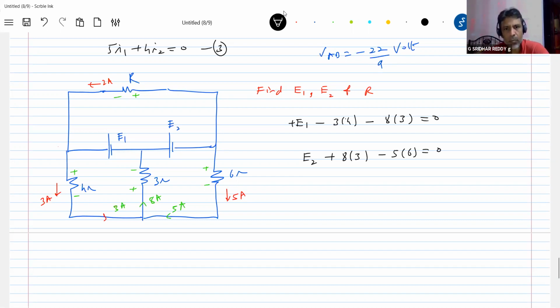Write one more loop equation. This will be plus here. So now again go for this: minus 2R minus 3 into 4 plus 5 into 6. Solve for this, you'll get R. So even the nodal analysis is more lengthy, and even the branch current method is more lengthy, but the simple KVL and KCL helped you a lot.